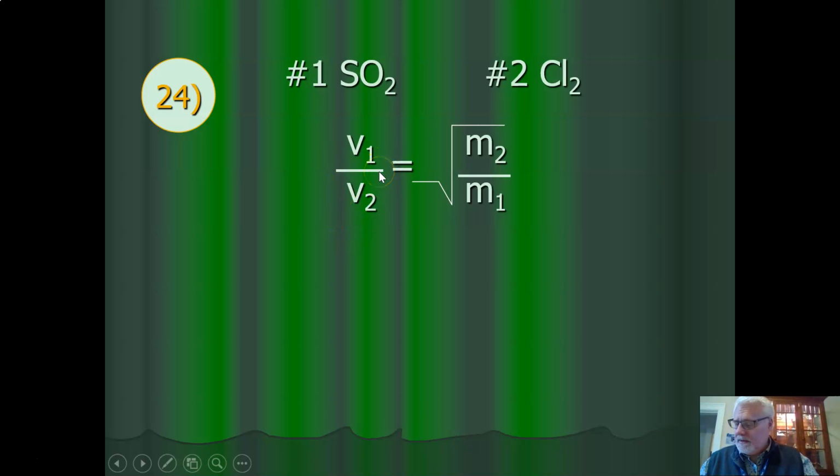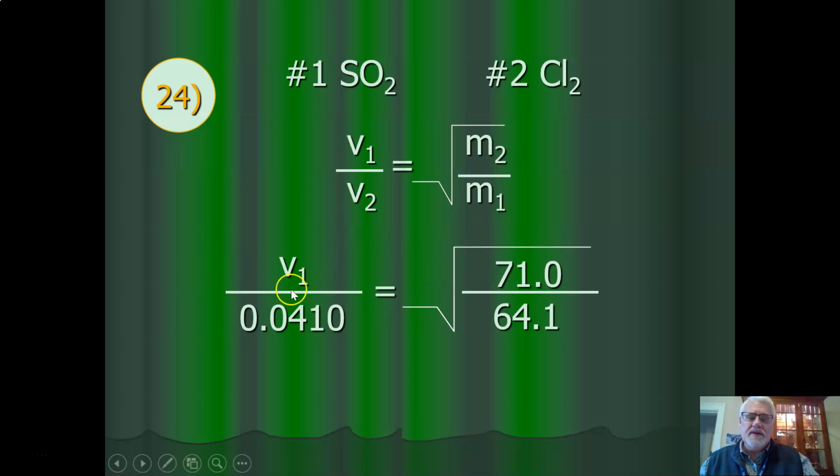But remember, they only gave you one number, which of course was the velocity of the chlorine as they bang and collide with other molecules and speed across the room, going at a rate of 0.0410. And of course, the M2 chlorine is 35.5.